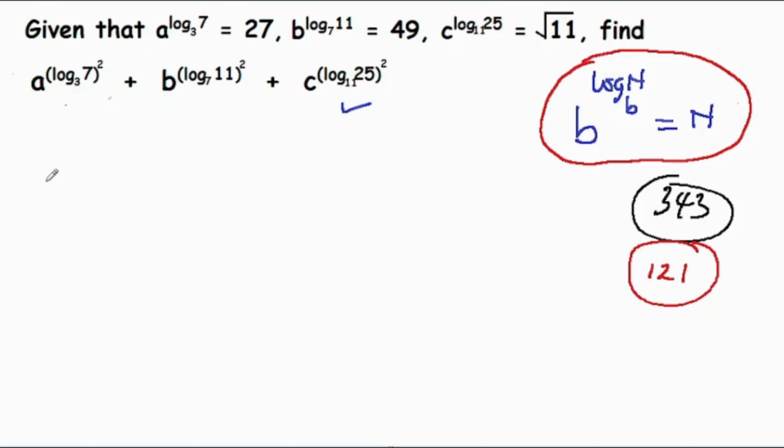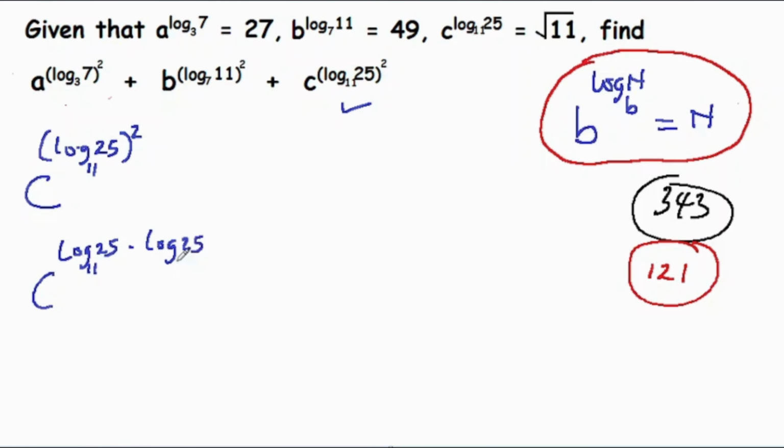Alright, for the third term, we're going to have c raised to power log 25 base 11, everything squared. So we are going to rewrite this as 2 times, that is, c raised to power log 25 base 11 multiplied by c raised to power log 25 base 11. So we can put this in a big bracket. Good. Alright, so let's go back to the question again. We're told that c raised to power log 25 base 11 is going to give us root of 11.